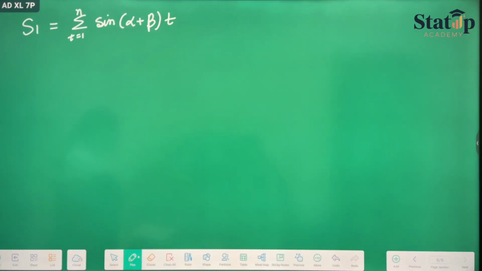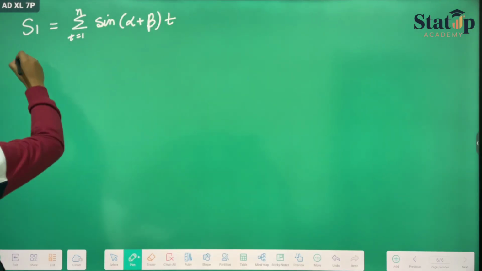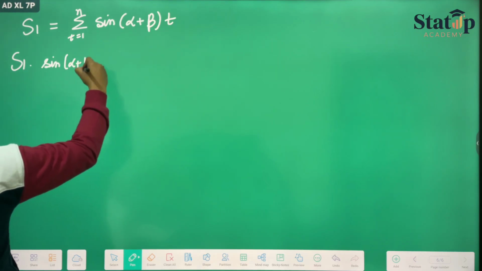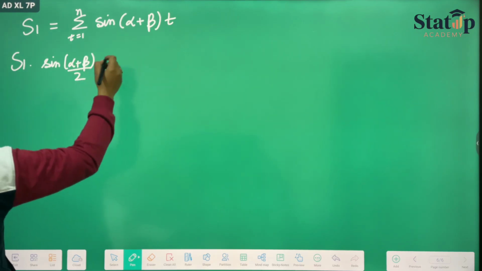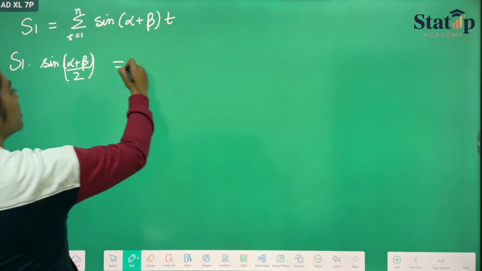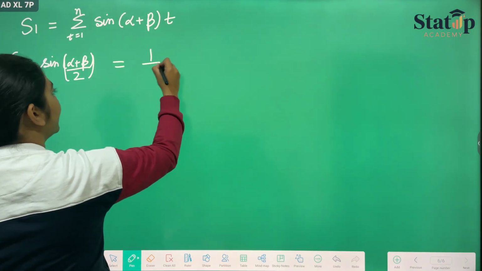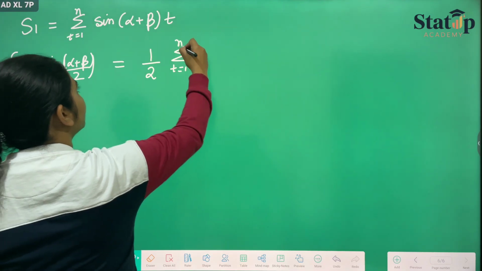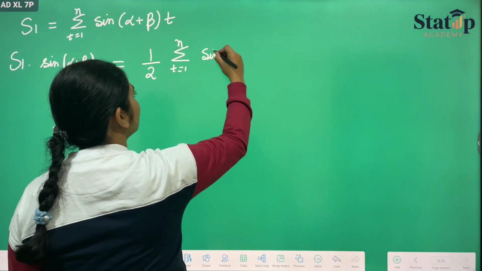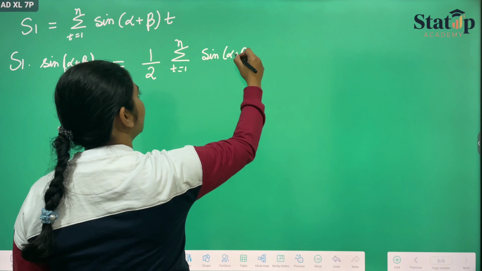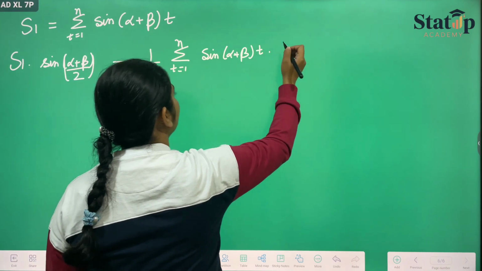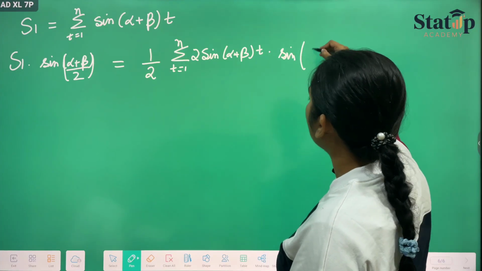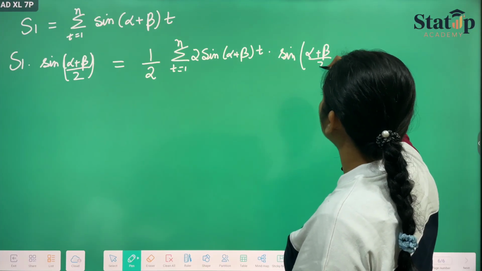If we solve this, first of all, we'll multiply S1 by sine (alpha plus beta) upon 2 on the LHS and the RHS, dividing and multiplying by 2. 1 upon 2 summation t goes from 1 to n sine (alpha plus beta) t into 2 sine (alpha plus beta) upon 2.